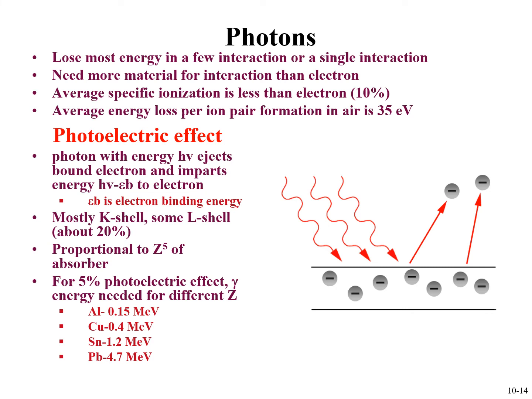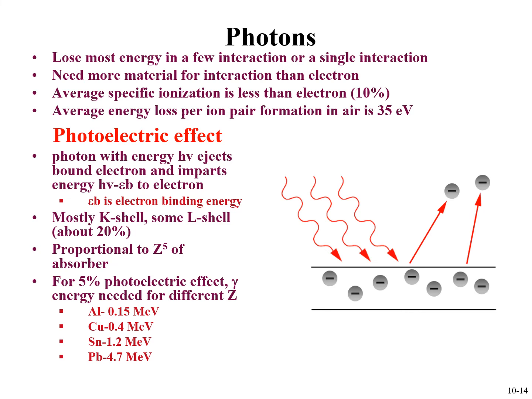This is a tool that has been used to measure binding energies. Most of the electrons that get ejected are K-shell electrons. There's some L-shell electrons. There's obviously proportionality between electrons and the absorber. The proportionality is actually Z to the fifth for this absorber.